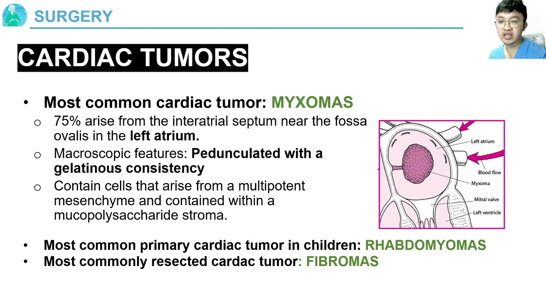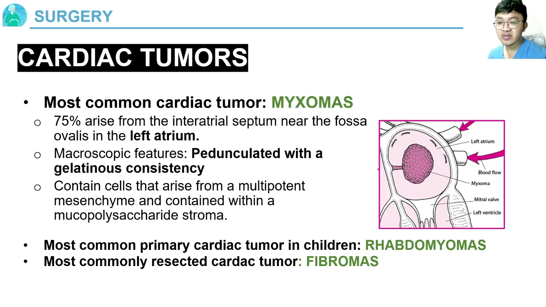So left more than right is more commonly affected by your myxomas. Macroscopic features are that it's pedunculated, it has a stalk with a gelatinous consistency, and contains cells that arise from a multipotent mesenchyme contained within a mucopolysaccharide stroma.